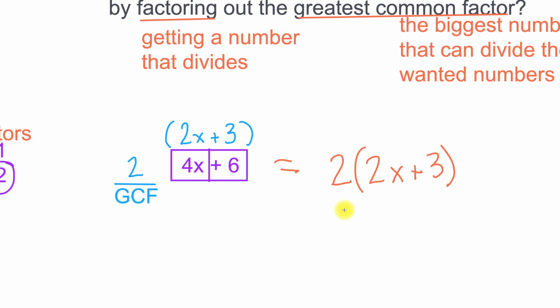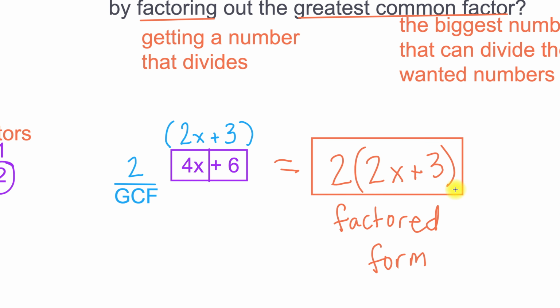And this is the factored form of the expression. And again, it's called the factored form because we pulled out the greatest common factor and we have it outside of the parentheses. We factored it out, so that's why it's called the factored form. And this expression, let's just put a box around it, this expression here is equivalent to our initial expression here.